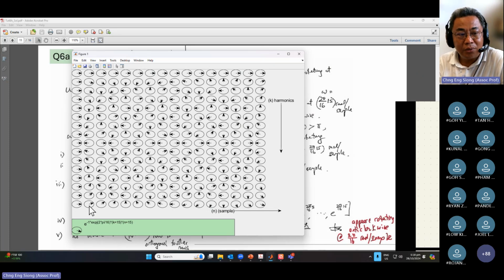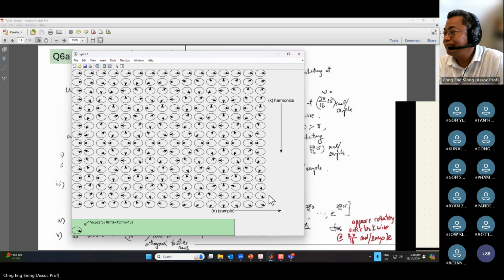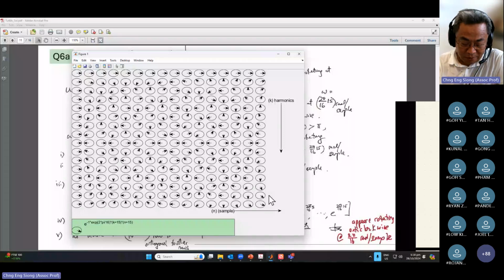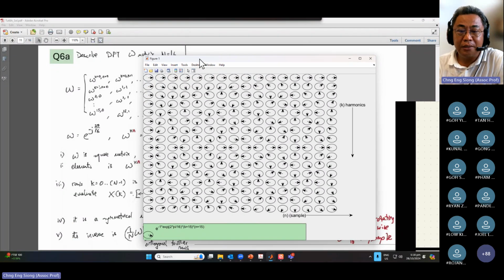He's rotating like the first row, k equals 1, but in the opposite direction, and he appears to be rotating anti-clockwise. Can you see? Nice, huh, guys? I'll release this MATLAB code and you guys can play with it.